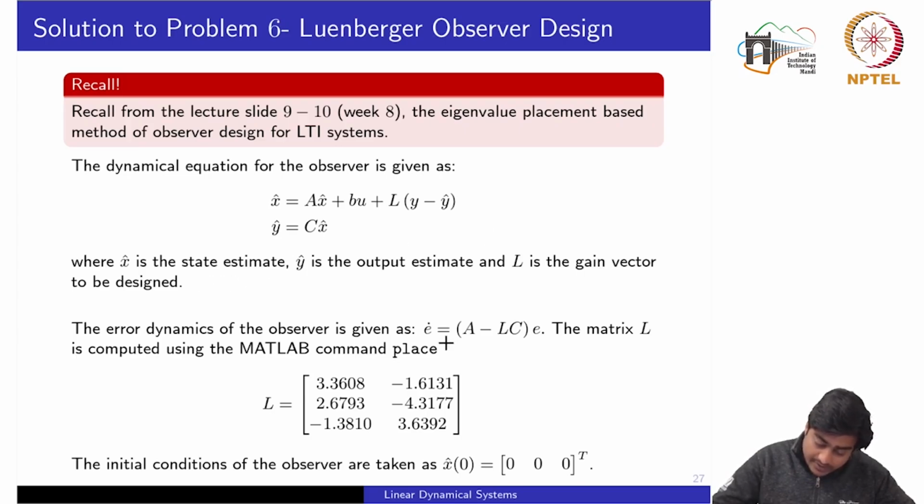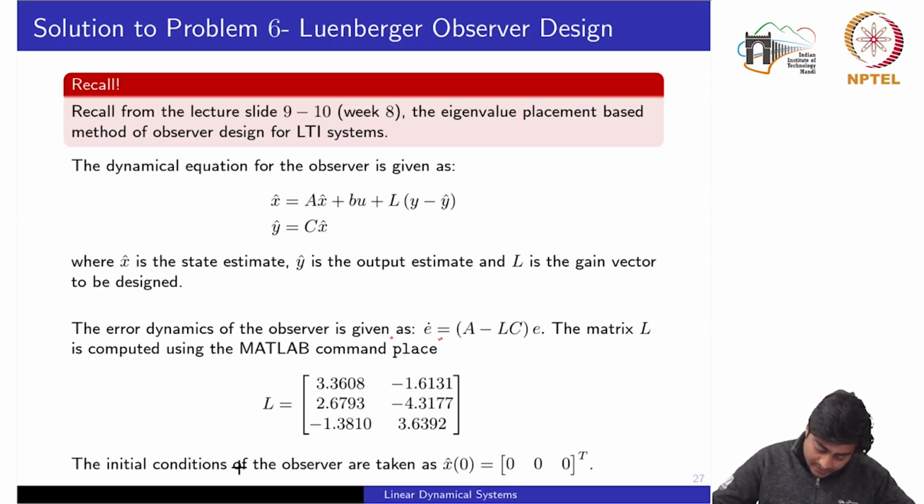If you recall, the error dynamics were given by e dot is equal to (A minus LC) e, where we can compute this L matrix directly if the observability of the pair (A, C) is satisfied. So we have used the MATLAB command place to place the eigenvalues onto the left hand side, and we have computed this L matrix.